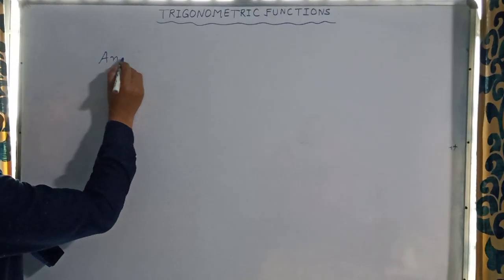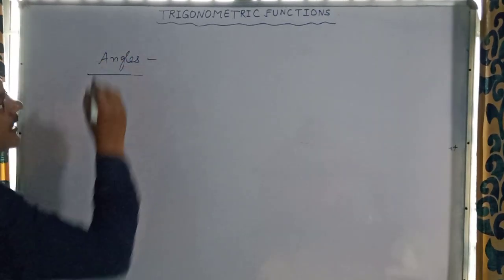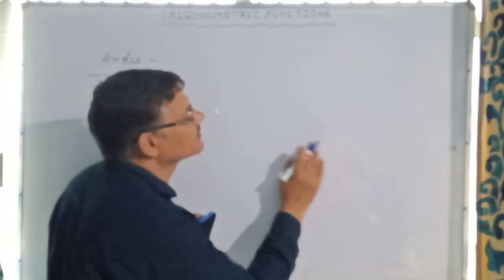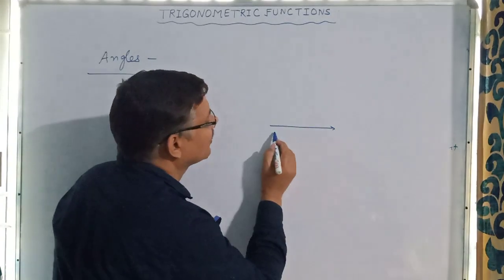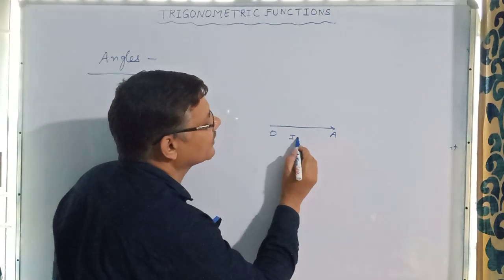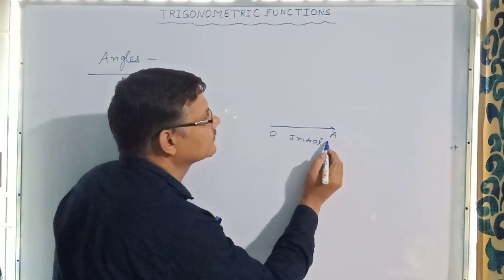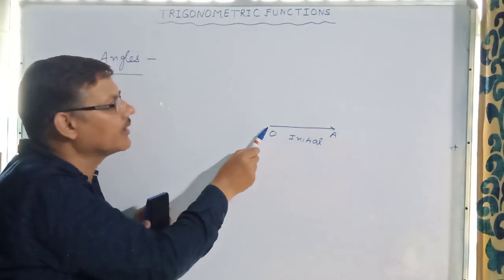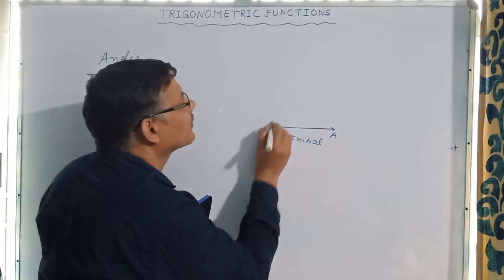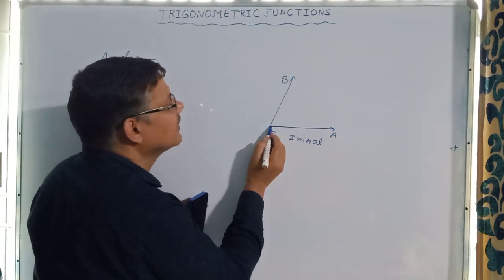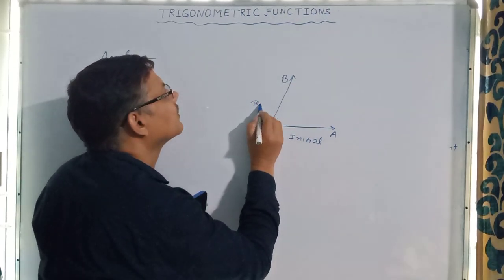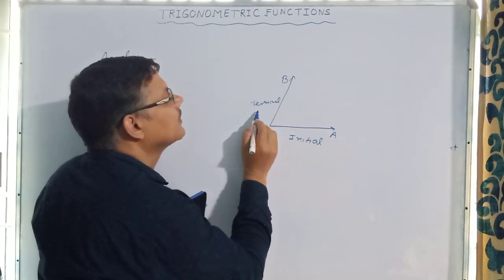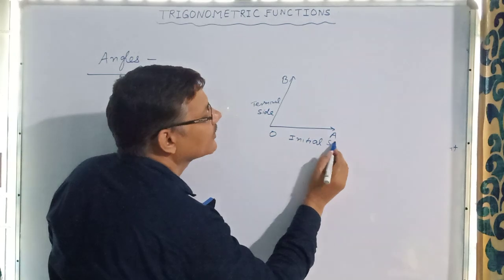So let's start from angles. The basic concept is, when a ray, this is called the initial ray, rotates about its end O to get the final position OB, then we say terminal side, and this is called the initial side.